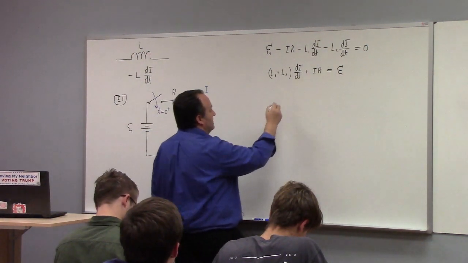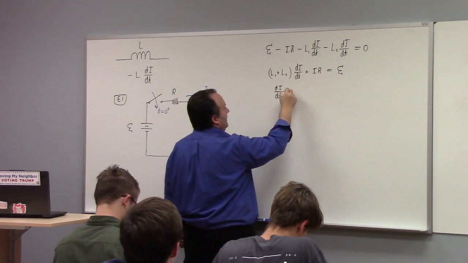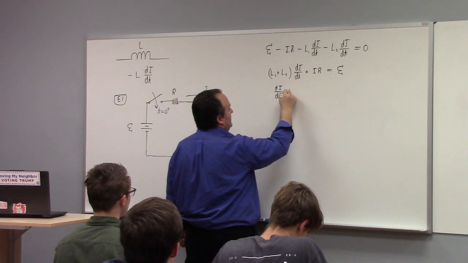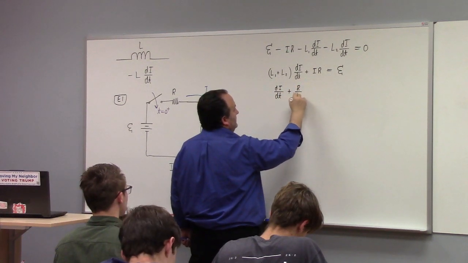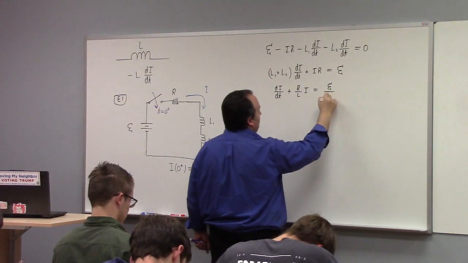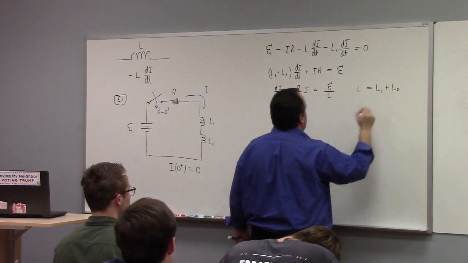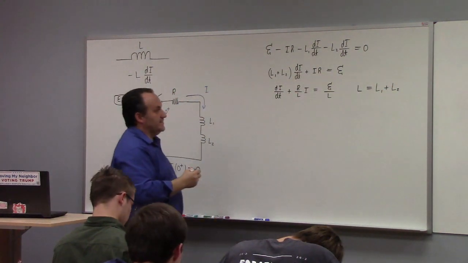And then usually I like to divide by L, so di/dt plus R over L times I equals E over L, where L is going to be equal to L1 plus L2, just to make the algebra easier.